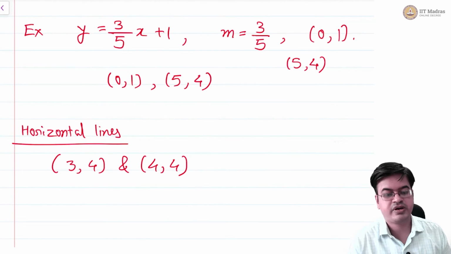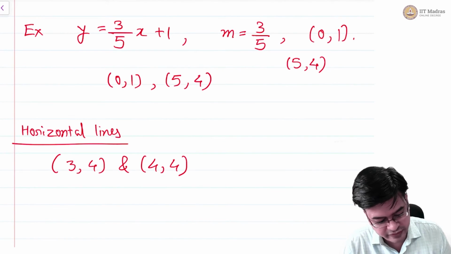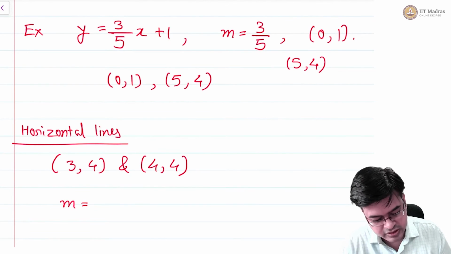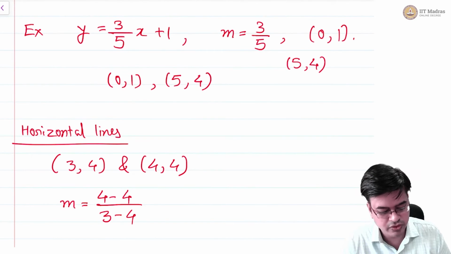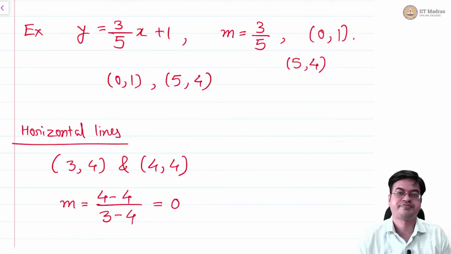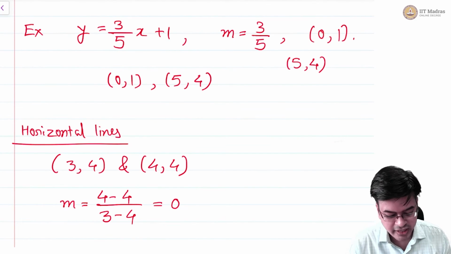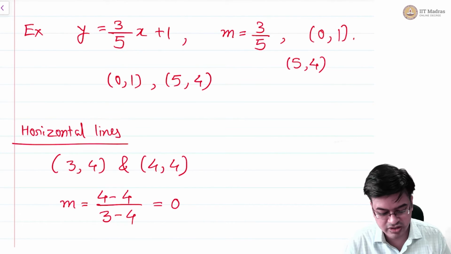How will the line passing through (3, 4) and (4, 4) look? If you use the definition of the slope of a line, then the slope of this line will be (4 minus 4) upon (3 minus 4), or 4 minus 3, whatever. In any case, the slope is 0, and because the slope is 0, the line is a horizontal line.